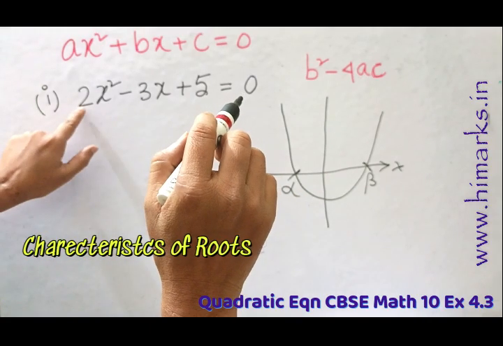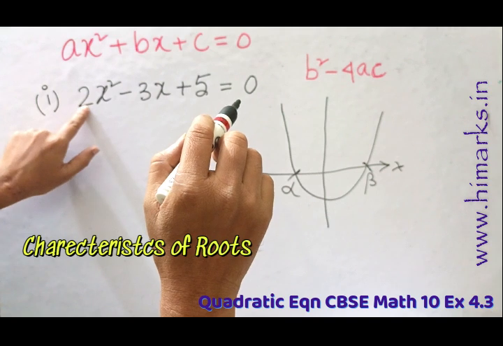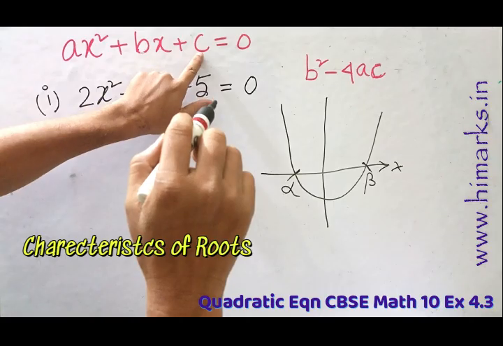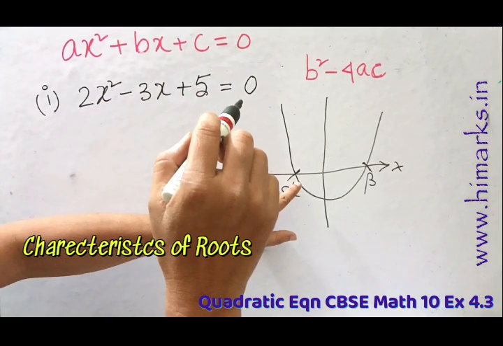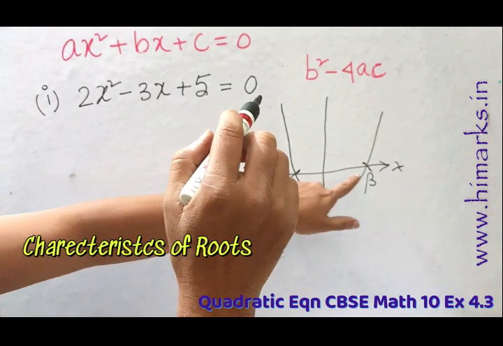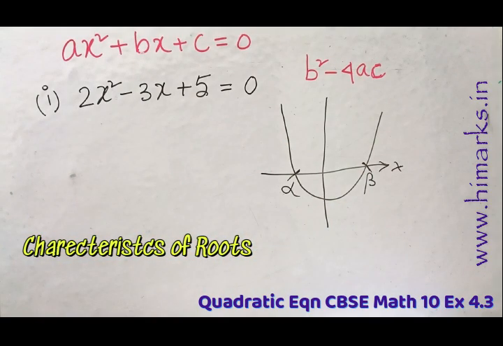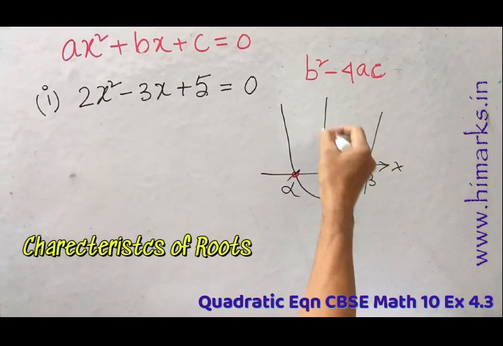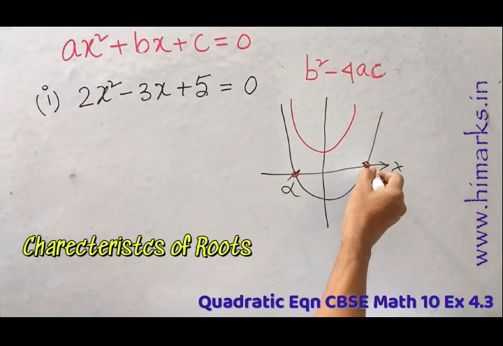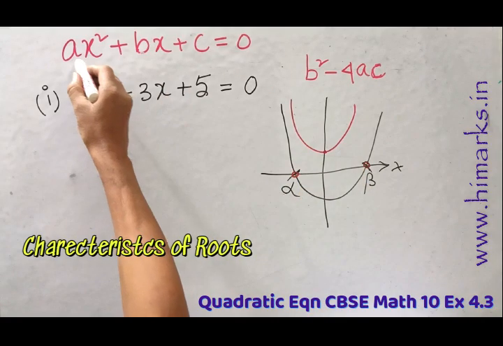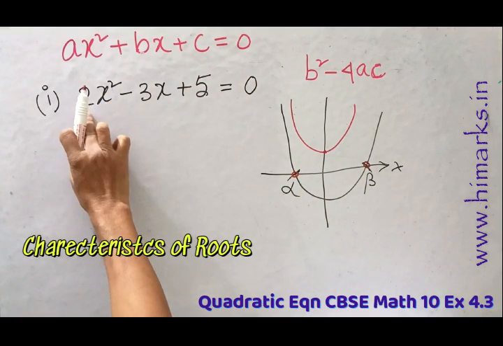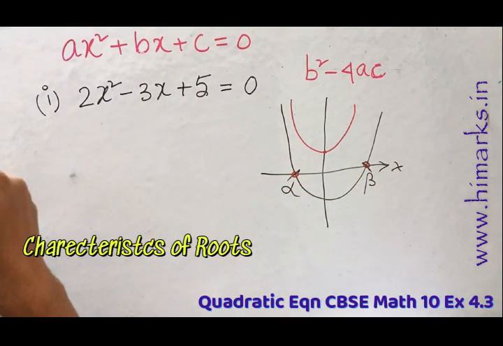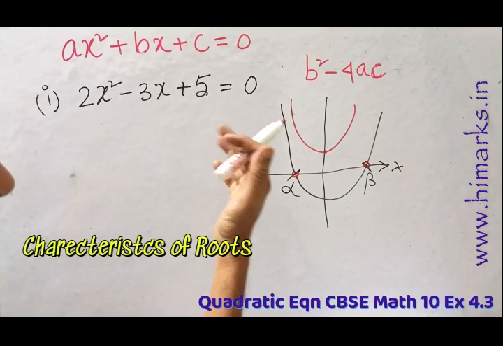Is there any kind of signature or relation between these a, b and c by which we can tell that they have a real solution, where the curve cuts the x-axis, or that they will not cut, like maybe the curve is like this and never cuts the x-axis? So can a, b, c, like in this equation 2, minus 3 and 5, tell whether this will give a solution or not, without finding the solution?